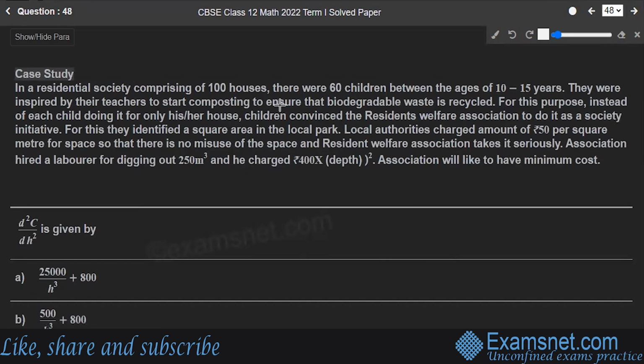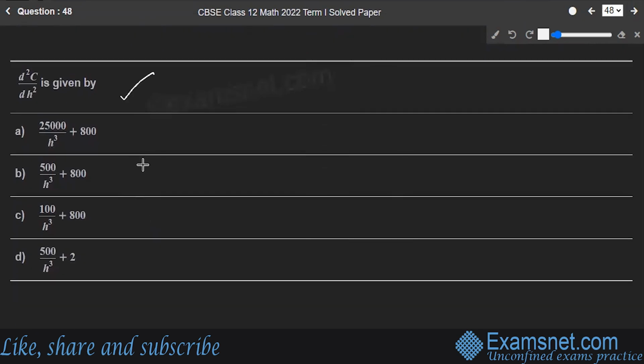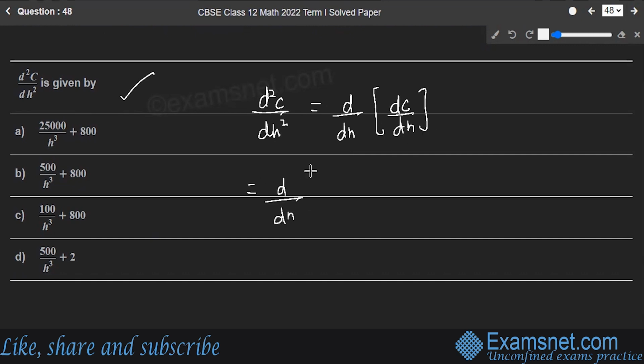The same case study is there. Now, it is asking you d squared, the second derivative of c with respect to h. What is that? So, d squared c upon dh square. This is the derivative of dc upon dh, which is equal to d upon dh of minus 12500 upon h plus 400 h.